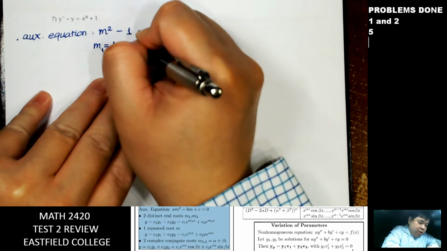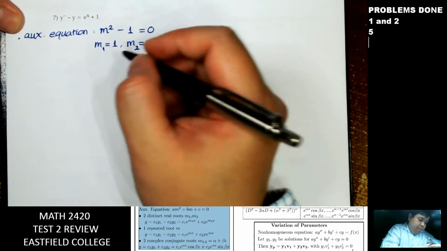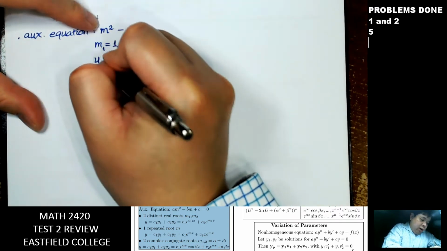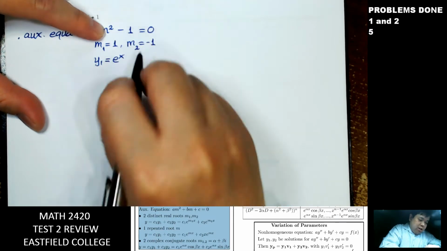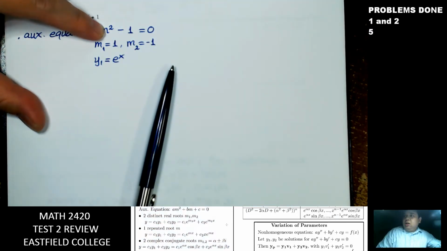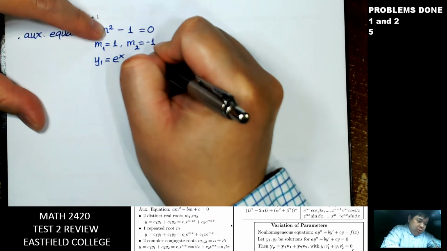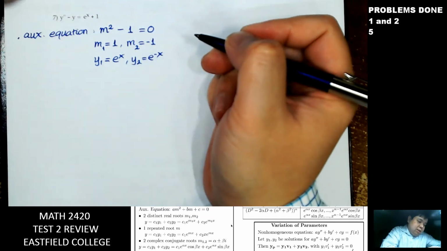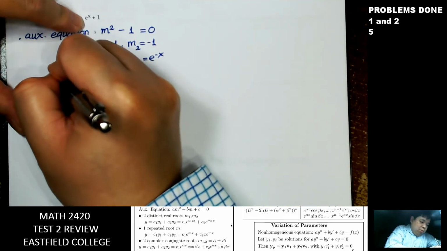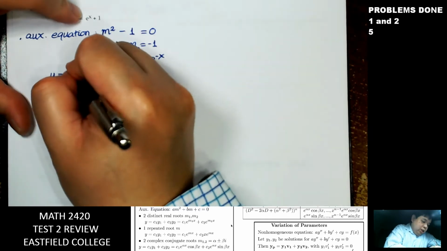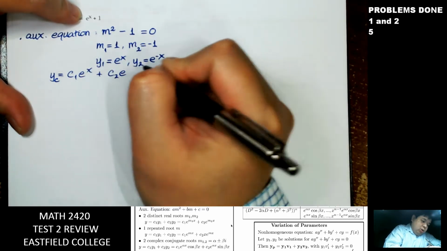So y1 is e to the 1x, or just e to the x. y2 is e to the negative x. We can also write the complementary solution c1 e to the x plus c2 e to the negative x.